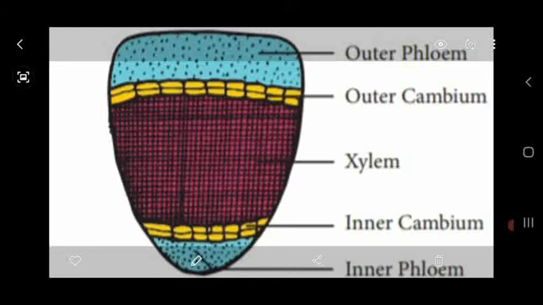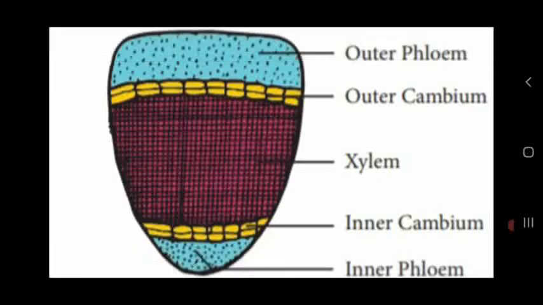Dear students, before going to see the next topic, I have to give an instruction. When you are going to draw the diagram, you have to mention the phloem in the dot lines and the xylem in the checked type. That is the procedure to draw the diagram of xylem components as well as the phloem components in the vascular bundle.